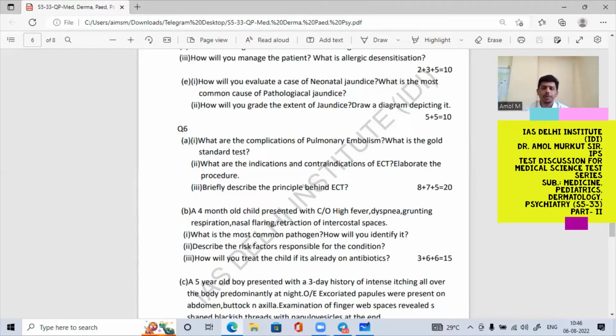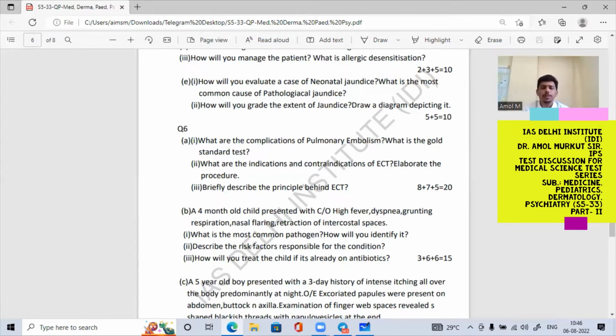Elaborate the procedure. The patient is taken to the ECT room. He is given anesthesia, and then by applying two electrodes to the sides of the temporal bones or lobes, we briefly pass the electric current to induce the convulsions. Briefly describe the principle behind ECT.